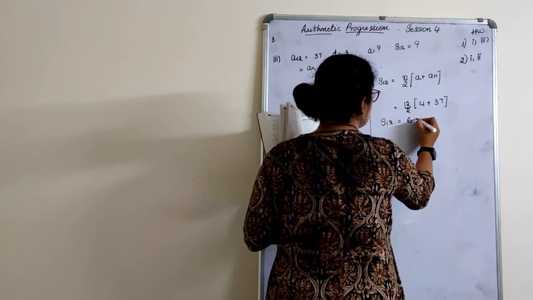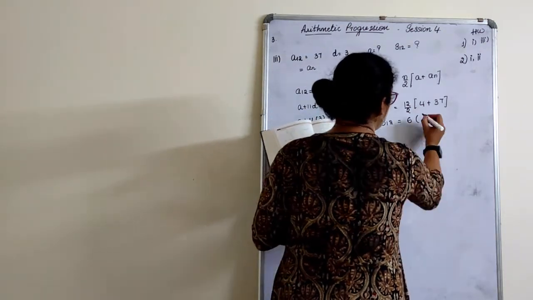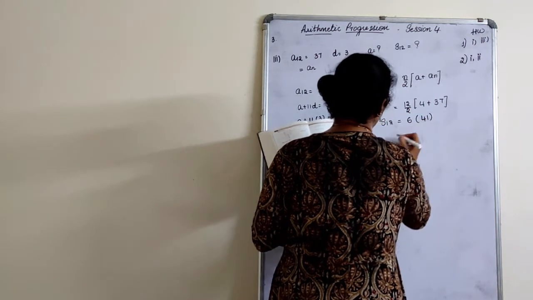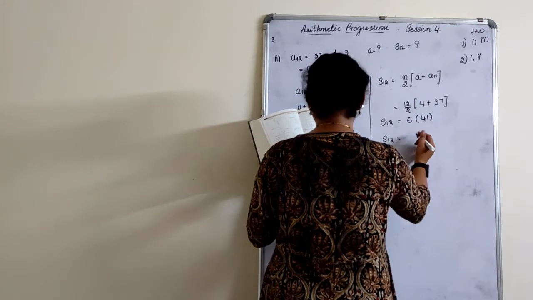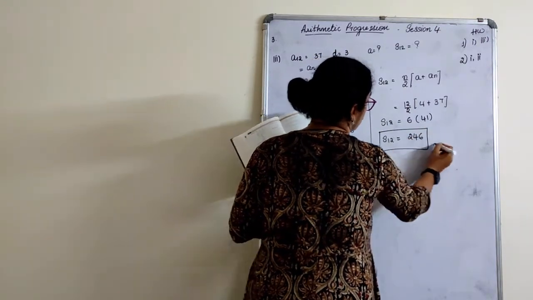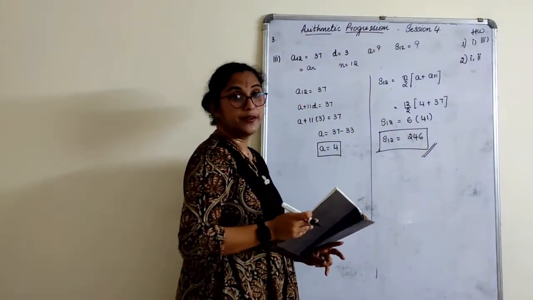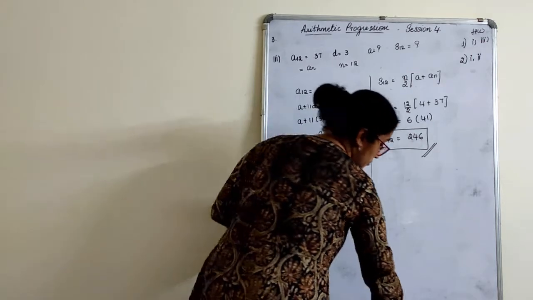So this is 6. 6 into 37 plus 4, which will give you 41. So S12 is equal to 6 into 41, which is 246. Okay, so this is how you solve it. Otherwise your lengthy method is still there with you.